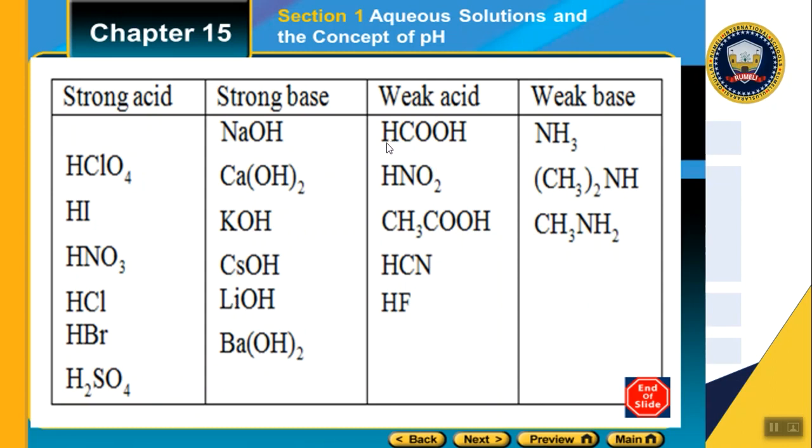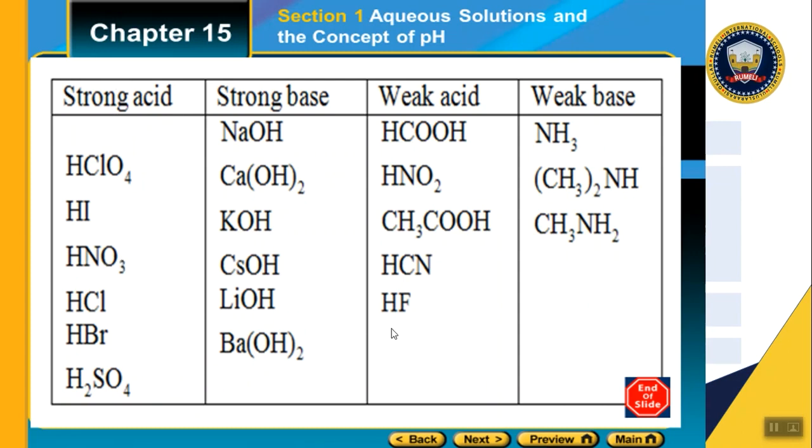Weak acids like HCOOH, HNO2, CH3COOH, and we take this example, HCN, HF. You should understand that HF is a weak acid, but HI, HCl, HBr are strong acids.